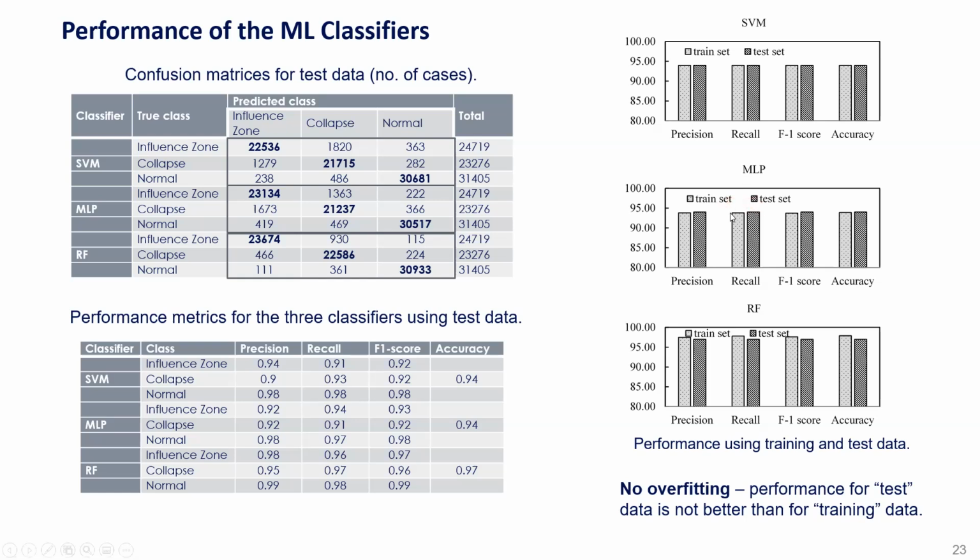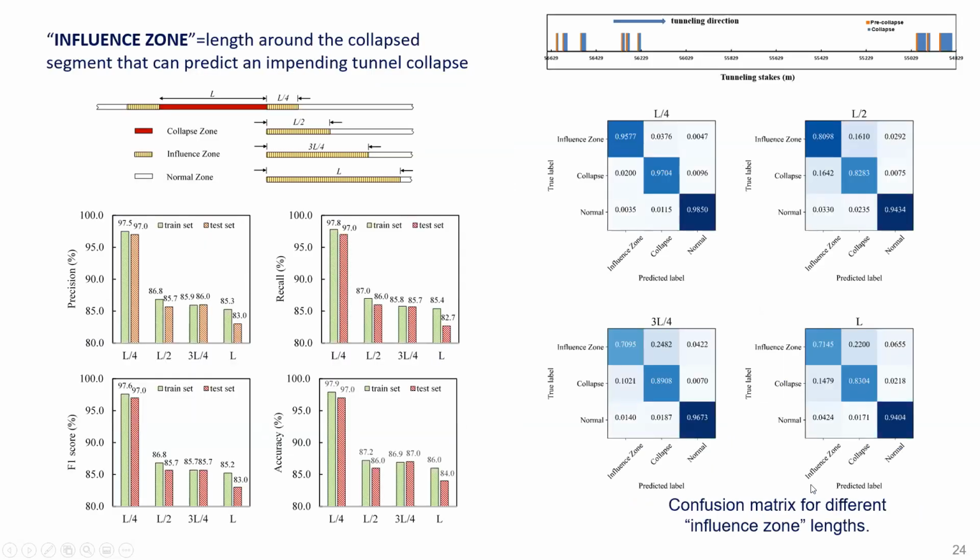There are a couple of instances where the test set performs better than the training set. In that case, we have overfitting. The model has been overfitted. So not only is MLP the worst performer, it also overfits, because we get no overfitting if the performance for the test set is less than the training data.